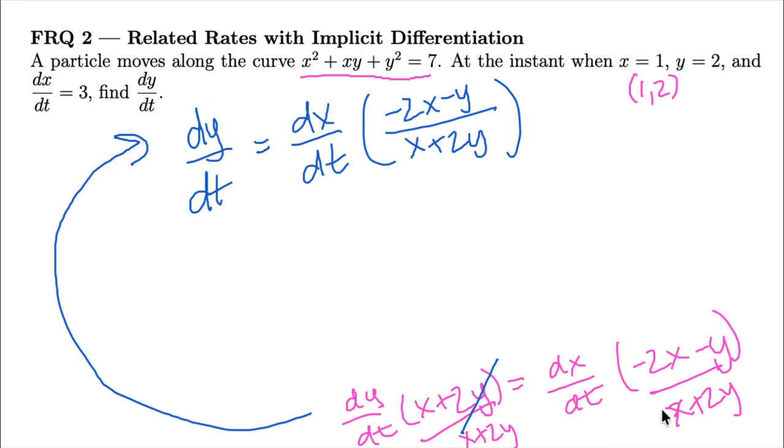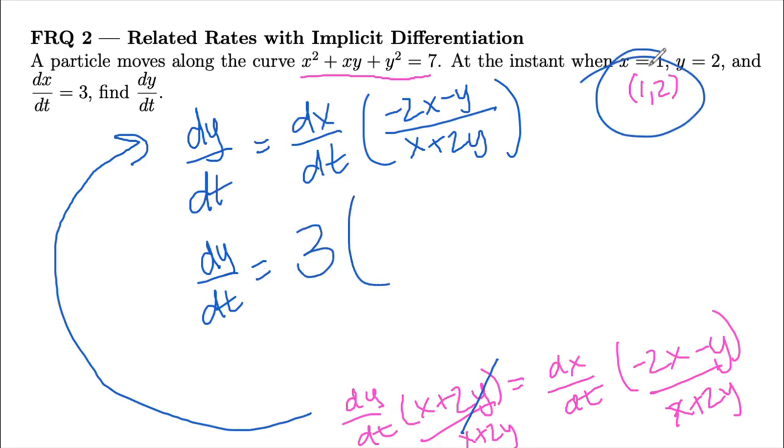So now this is why we were given that dx/dt is equal to 3. We can plug that in. So dy/dt is equal to 3 times, and now we're also going to plug in our point, 1 for x and 2 for y. This gives us negative 2 times 1 minus 2 over 1 plus 2 times 2.